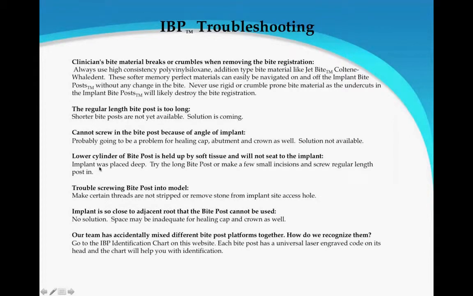The lower cylinder of the bite post is held up by soft tissue and will not seat to the implant. Well, obviously that makes it a very deeply placed implant. Try the long bite post, and you might even have to make a small incision or 2 and then screw the regular length post in.